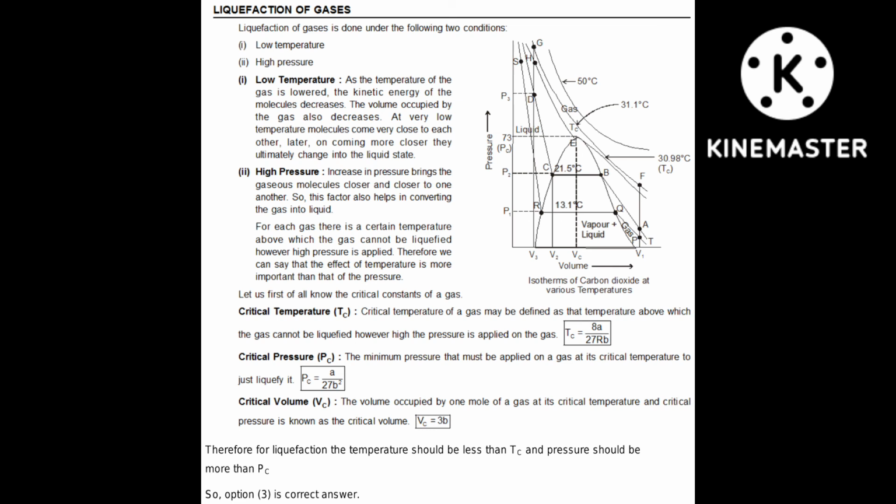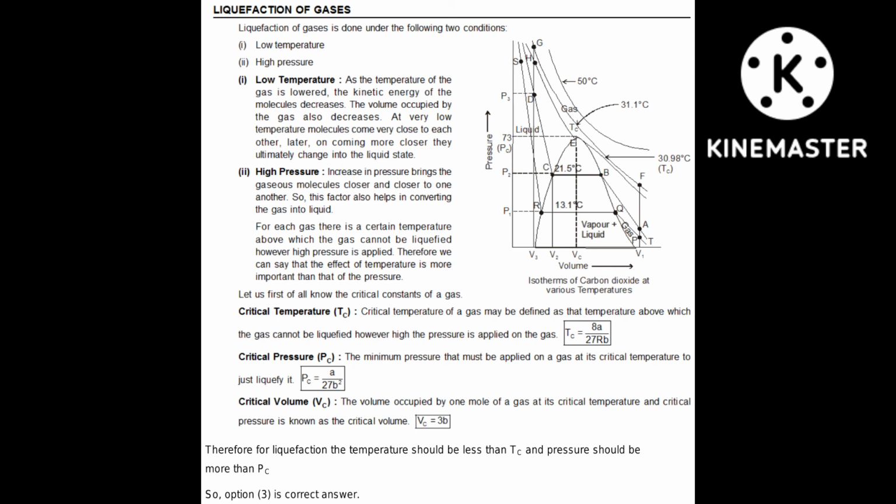Likewise for helium it is 5.3, again very low. That's why these are called permanent gases; their critical temperature is very low.